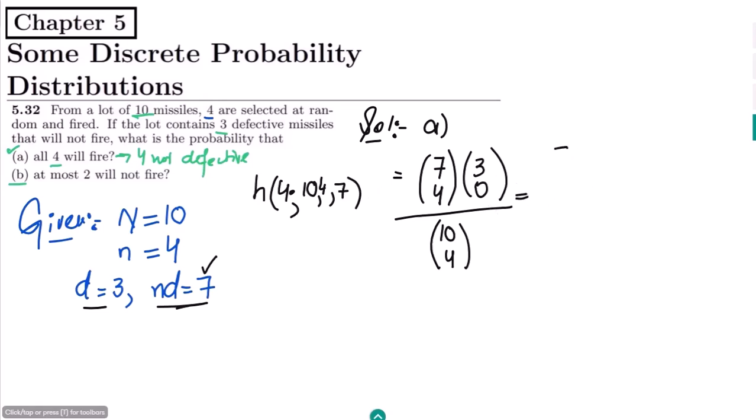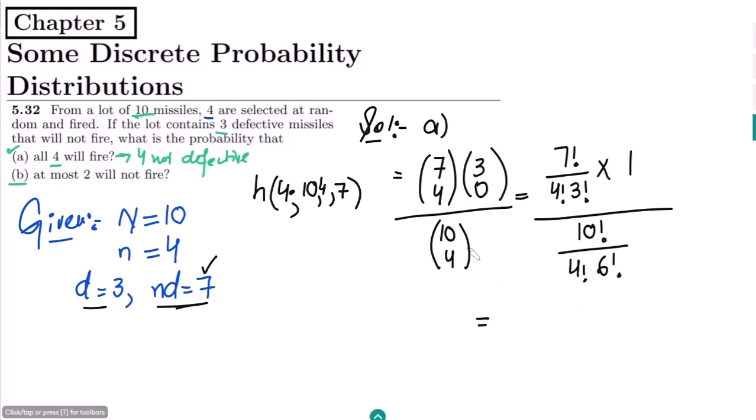Let me solve it. It would become 7 factorial divided by 4 factorial into 3 factorial, times 3 choose 0, which is already known and is 1, divided by 10 factorial divided by 4 factorial into 6 factorial. So 7 factorial is 7 multiplied by 6 multiplied by 5 multiplied by 4 factorial, divided by this 4 factorial, multiplied by 3 factorial, which is 6.